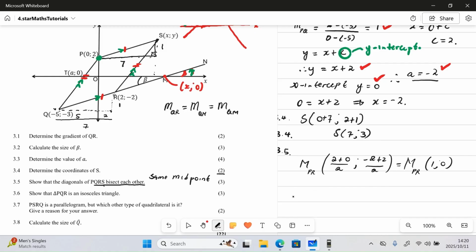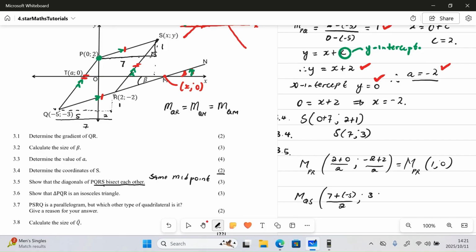Then let's go and find the midpoint of QS. X at S, where is S, is 7. X at Q is minus 5. Y at S is 3.